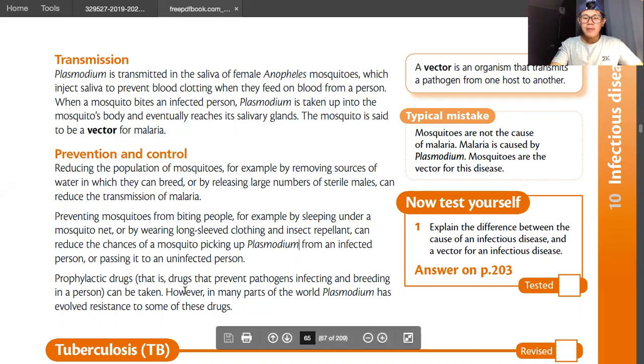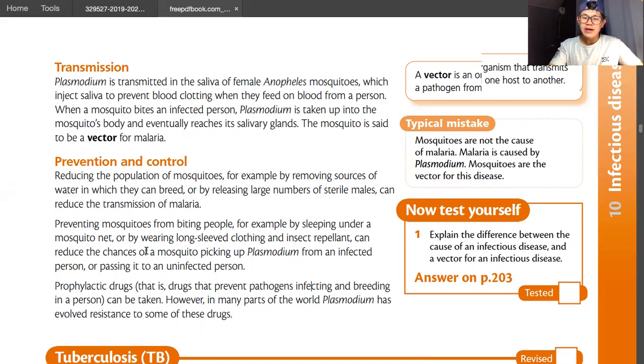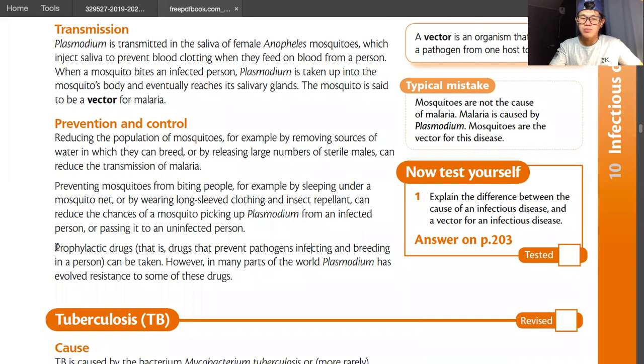Okay, and if for some reason you get infected, or not infected, but if you want to go to some area that you know is prone to malaria, then you can take this type of drug. It is what we call prophylactic drugs. It is a type of drug that can prevent pathogens from infecting and breeding in a person.